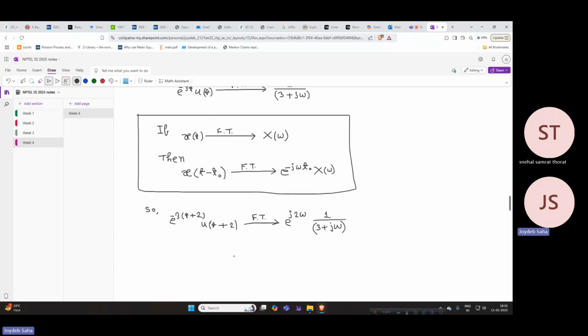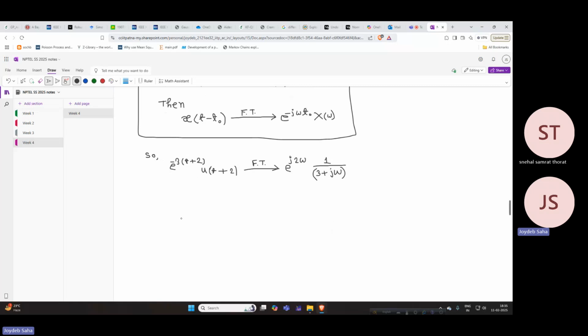Now if we split it, we will get e to the power minus 3t multiplied with e to the power minus 6.